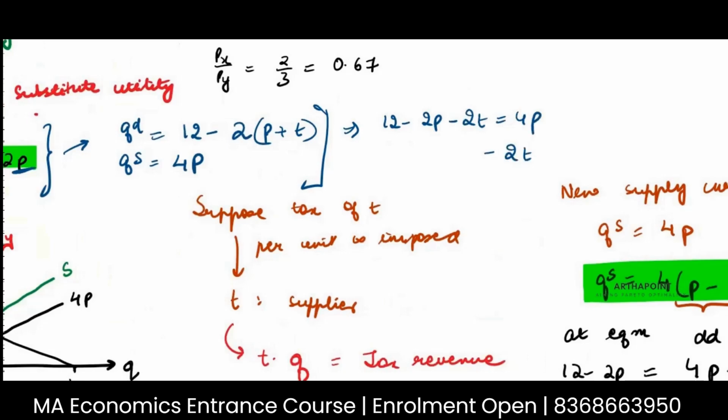So you would have got 2T is equal to 12 minus 6P and T is equal to 6 minus 3P. If you had charged from the consumer, you would have got this. But after finding the final equilibrium, the answer would have been the same. So whether you charge it on the consumer or on the producer, the final answer that you will get for the optimal quantity will remain the same.